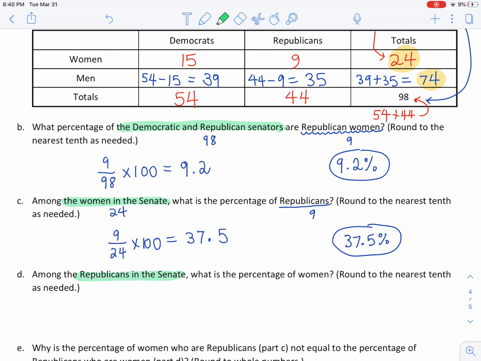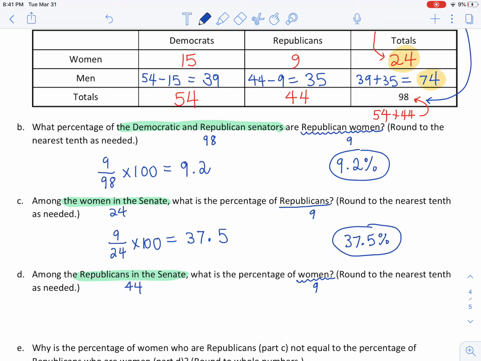Among the Republicans in the Senate. Okay, so how many Republicans are in this Senate? 44. So this number will be 44. What is the percentage of women? And here again, we're looking for out of all the Republicans, right?